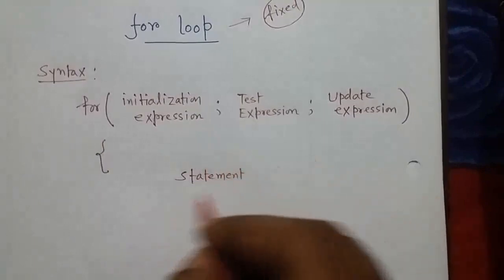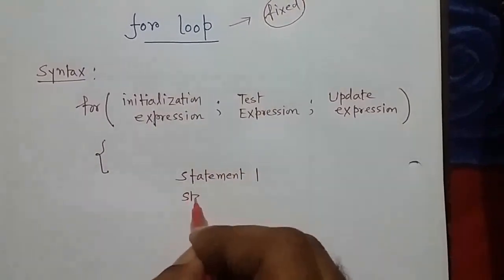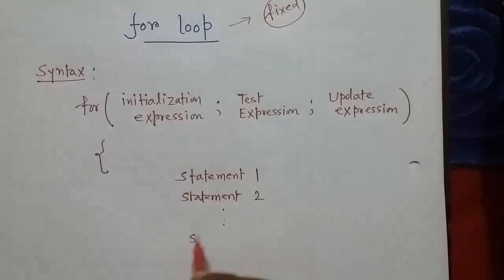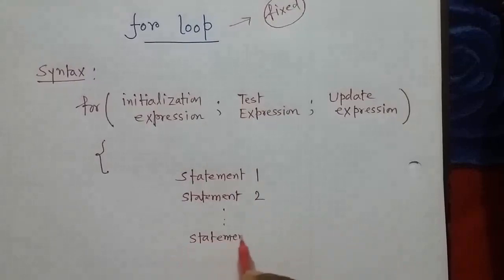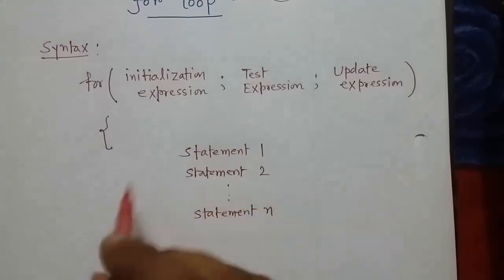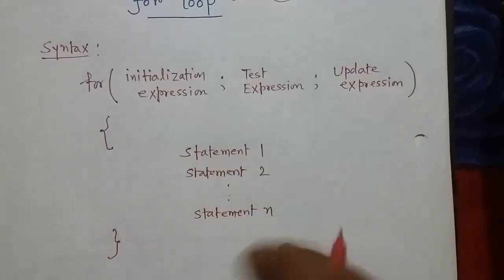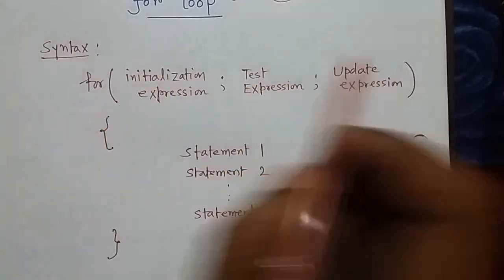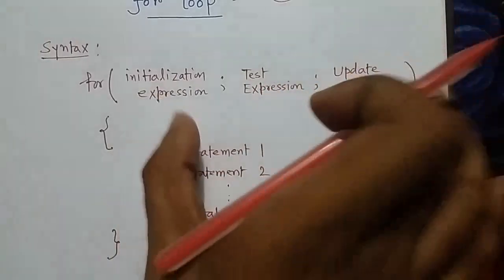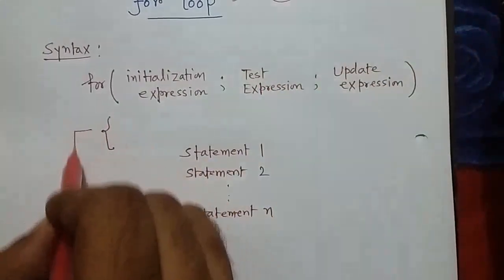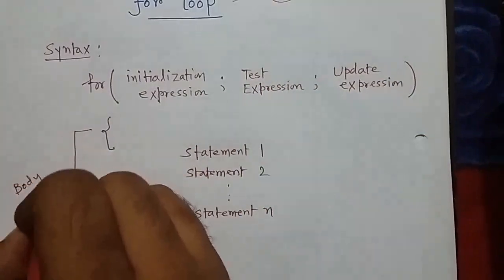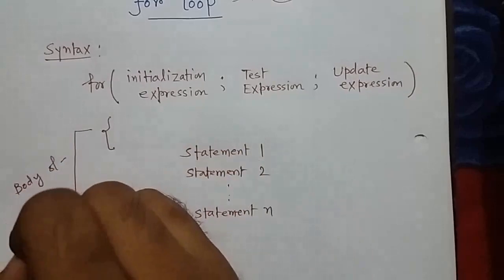That means the body of the loop. So statement 1, statement 2, dot dot dot, statement n. So we can write here any number of statements and the closing brace. So this is the loop header where initialization expression, test expression and update expression are written together, and from this portion to this portion is known as body of the loop.